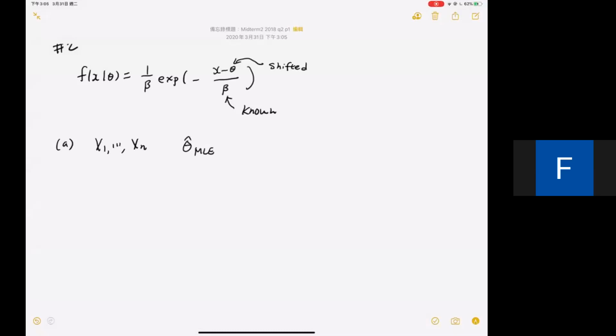Of course, it's shifted, so maybe it's a good idea to just write down the range of x. I think so. X bigger than theta. Okay, good. So I would say we've done this a bunch of times. So let's read, no excuse. You guys don't know how to do it.